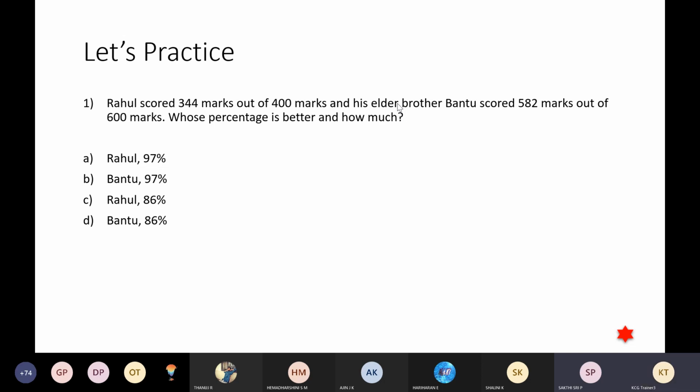Please think carefully. Whose percentage is better and how much?